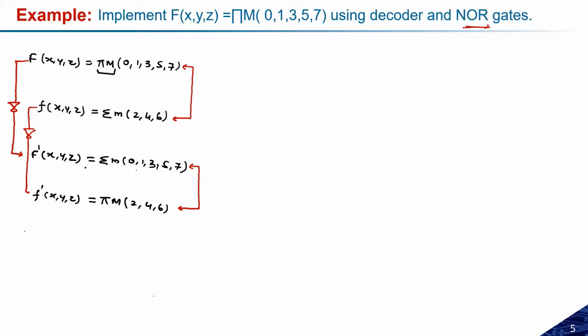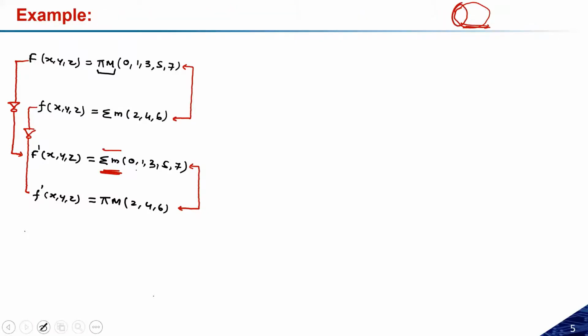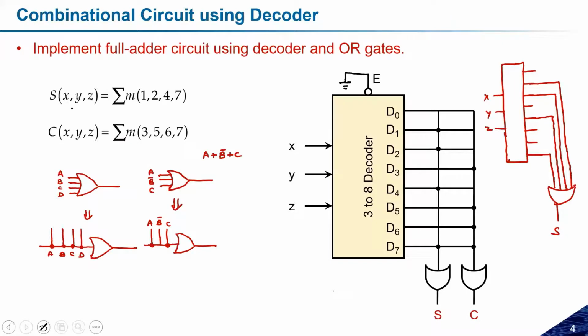The NOR requires the complementary kind of thing, and you need to write in terms of the min terms. Let me go back to the previous slide. Whatever function was there, the SOP form, what we did was simply OR all the inputs, OR 1, 2, 4, and 7 to get the sum.